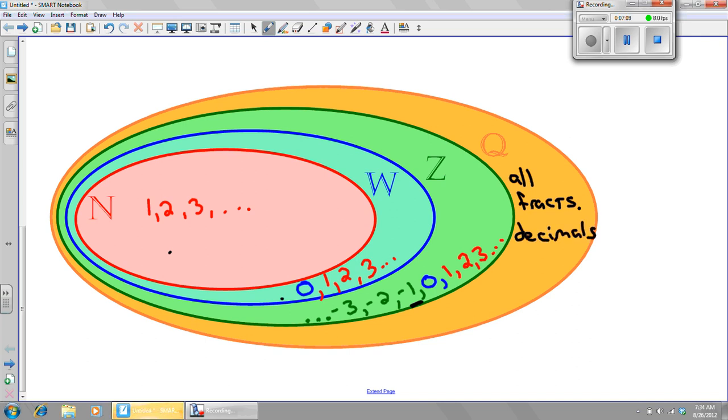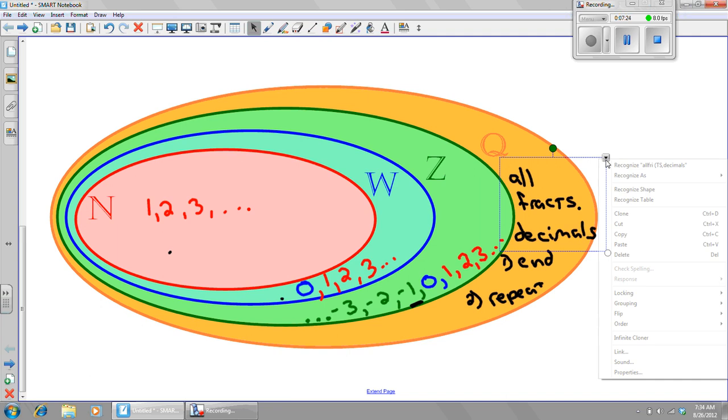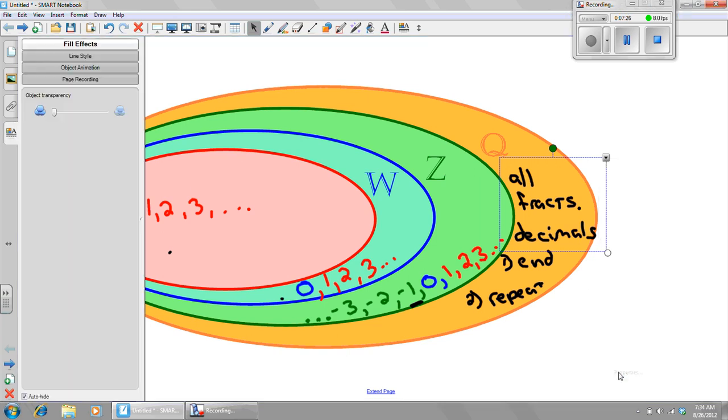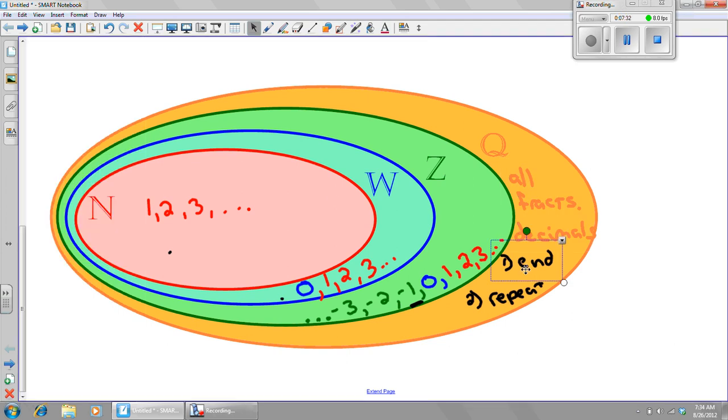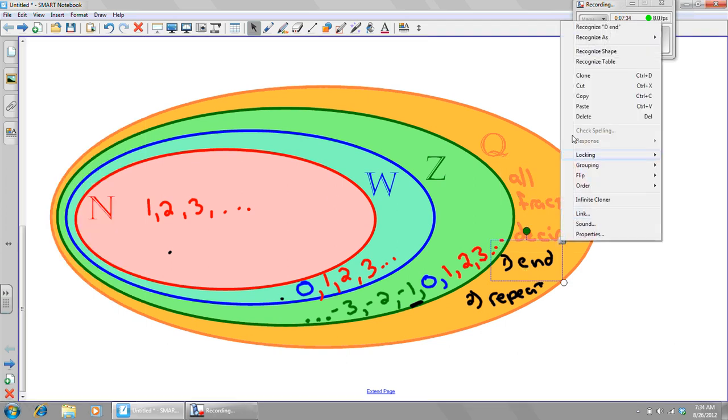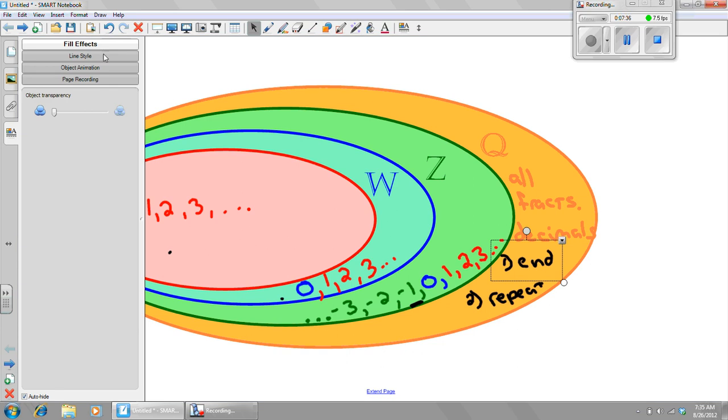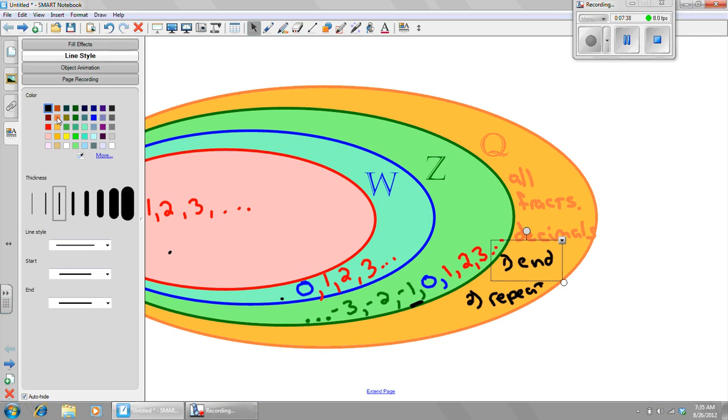Remember, decimals must either end or they repeat. I don't have the room to squeeze it in there, so I will refer you back to your notes because I'm running out of room. So all fractions and decimals that end or repeat.